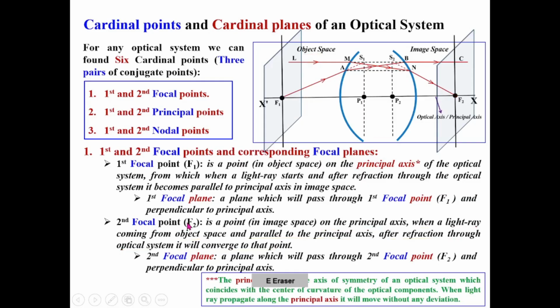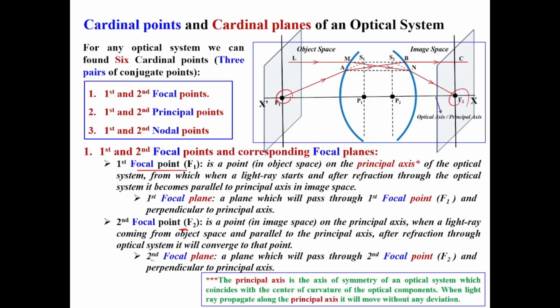That means if I consider the reverse, if the ray comes out from this point, like this, after refraction through this optical system it will emerge parallel to the optical axis or principal axis. You can define the second focal point in either way, but we have to remember the first focal point is in your object space, and the second focal point is in your image space.